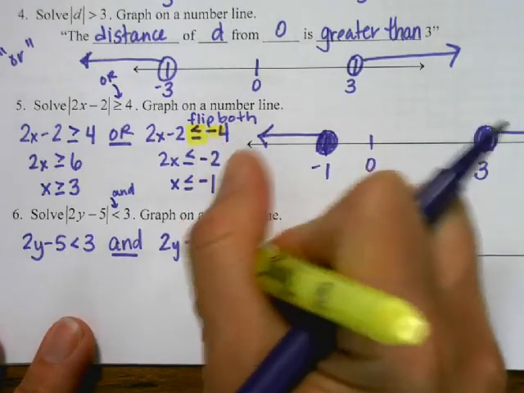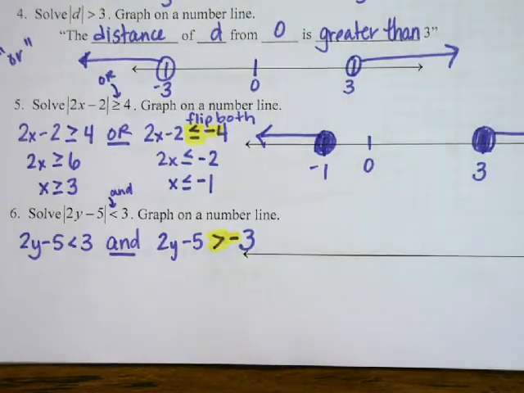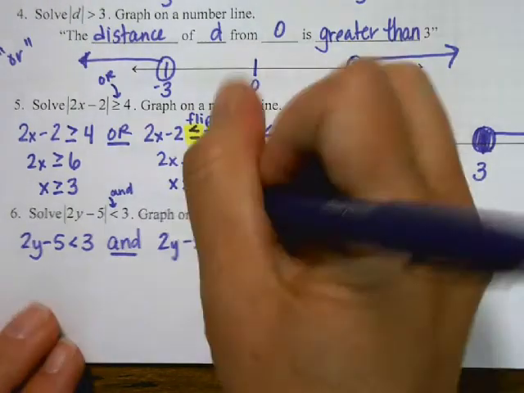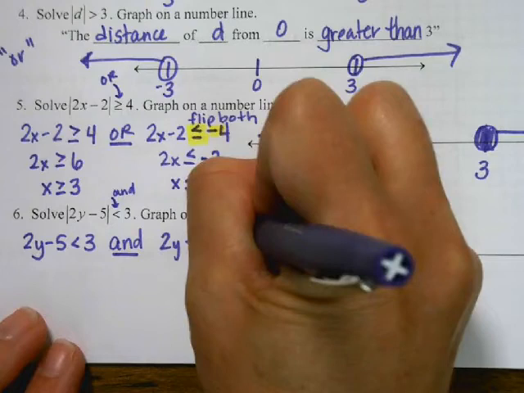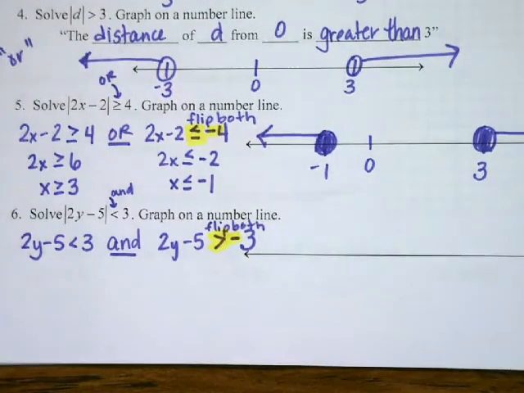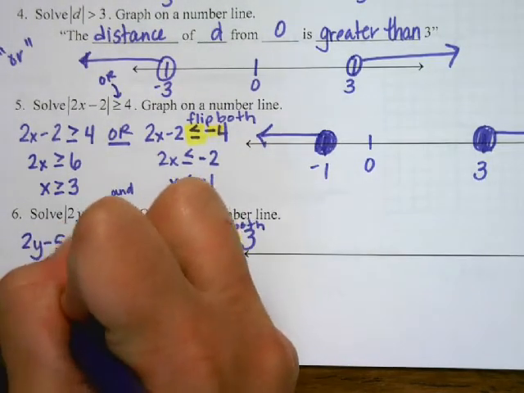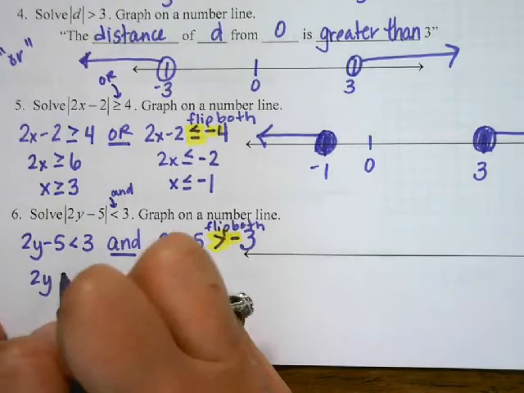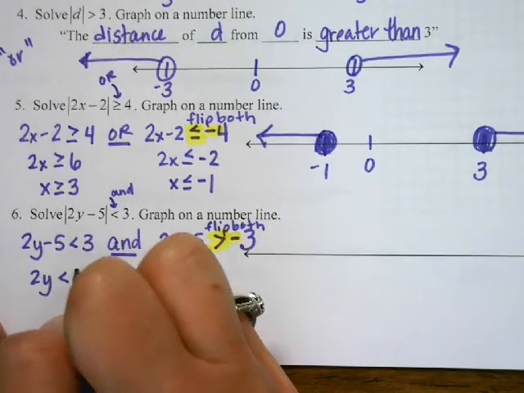So the nice thing is the process doesn't change for that. Flip the inequality symbol and flip the sign. So no matter if it's an and or if it's an or, you're going to flip the inequality symbol and flip the sign. Okay, let's solve. 2y, add 5, is less than 8.